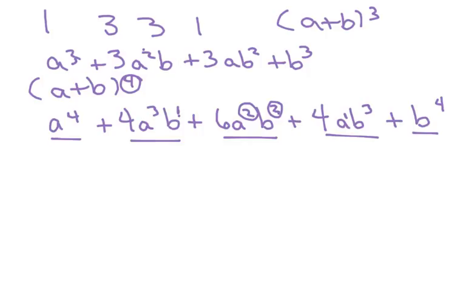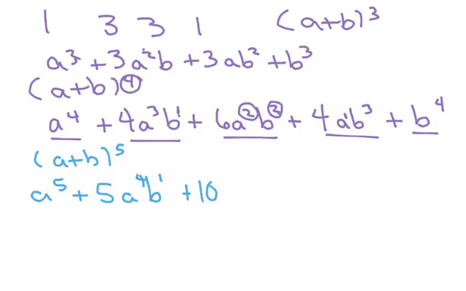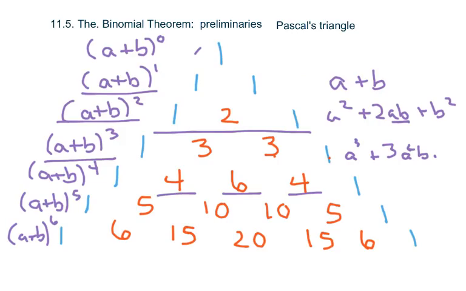The next one, we have a plus b to the 5th. So we're going to have a to the 5th plus 5a to the 4th b to the 1st, plus 10. Is it 10? Yeah, 2 10s and 2 5s.